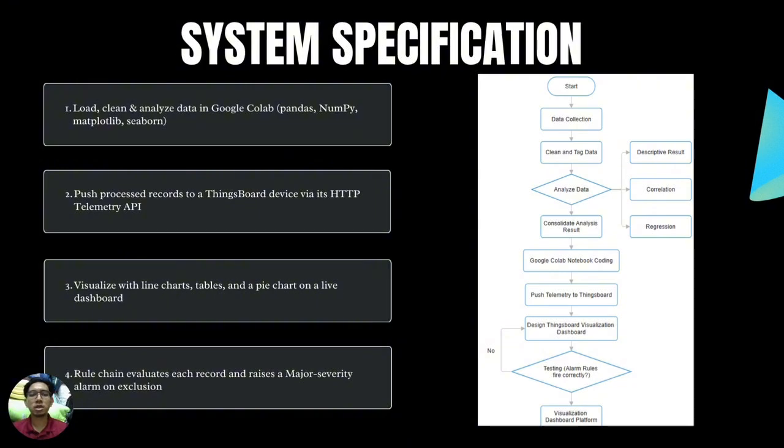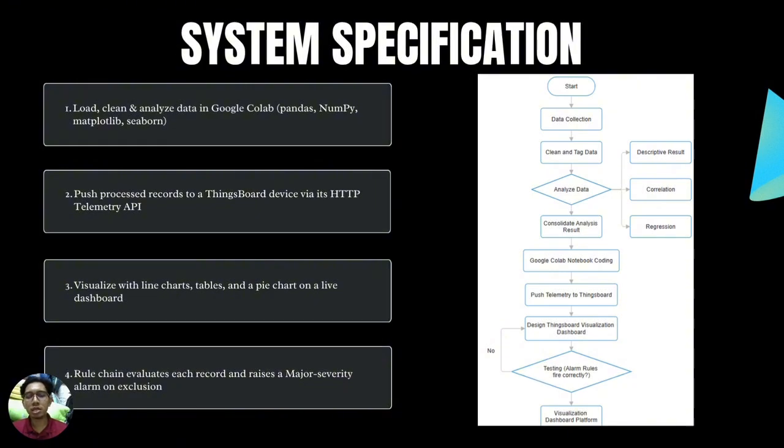Okay, for the next slide, system simplification. Here's how the system actually works. It starts in Google Colab, and we load our clean dataset of 473 apps and run our analysis, which is descriptive analysis, correlation, and regression by using pandas, NumPy, Matplotlib, and Seaborn.